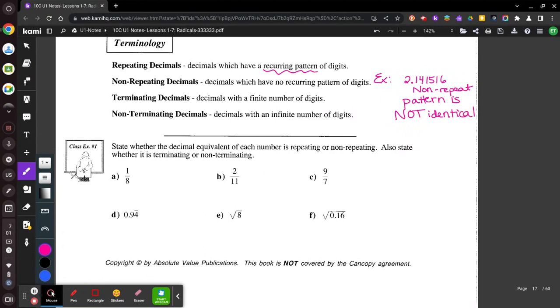Then we have terminating decimals. This means it has a finite number of digits, which means the digits stop. So if there's a terminating decimal, for example 3.6, 9.8, 2.45, they will end at the end of their number. They will not continue with a pattern. Those are the ones that end or stop.